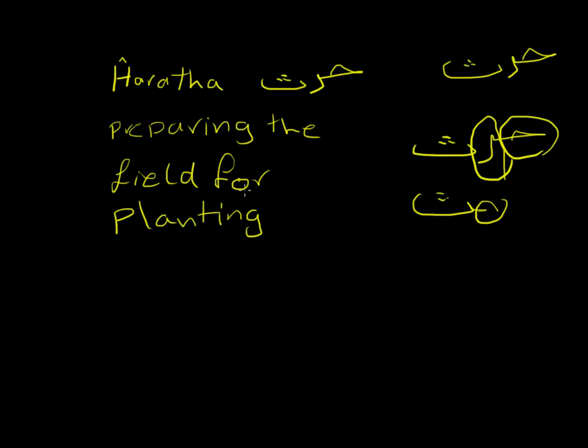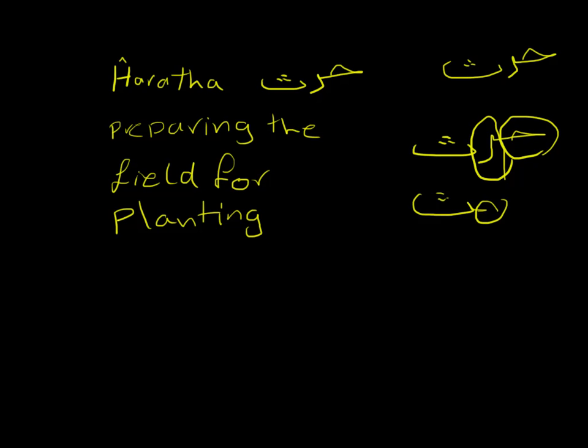And forgive me if I don't know the meaning of this particular word in English, but this is the meaning. I can get the meaning of the word at a later point, and I can give it to you guys in the next lesson. So now this is the end of the word.